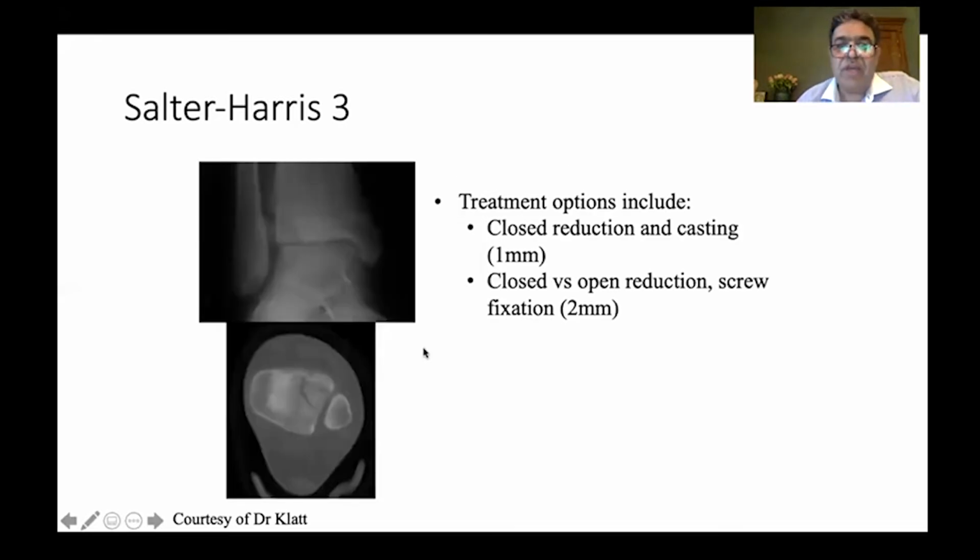When we have this fracture, we should do proper X-ray and CT to evaluate the gap in the physeal disc. If we find this gap more than 1 millimeter, closed or open reduction should be done and screw fixation to compress the fragments to prevent communication of the epiphysis and the metaphysis and the formation of the bony bar.